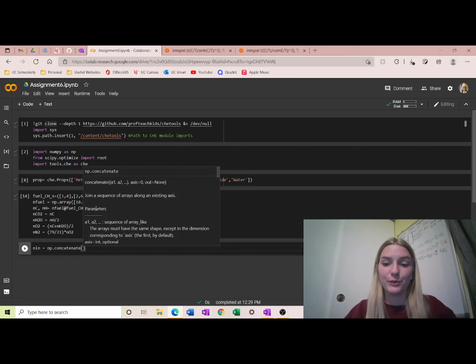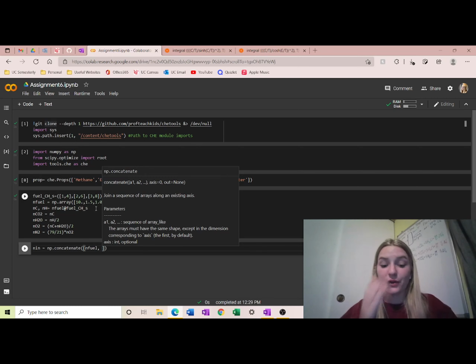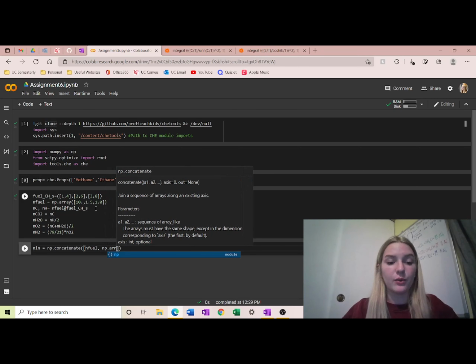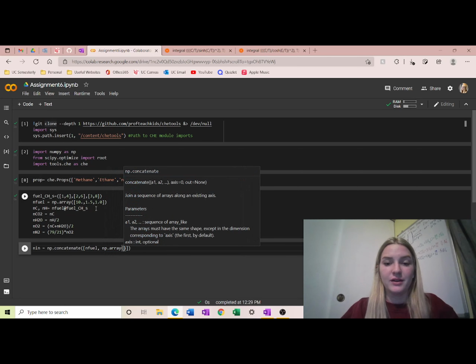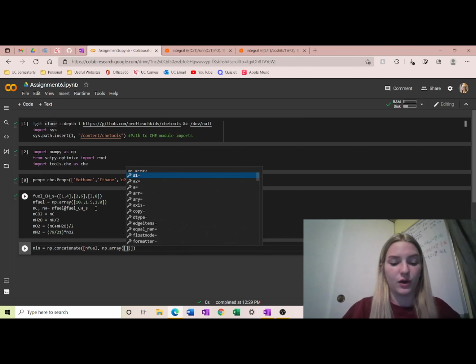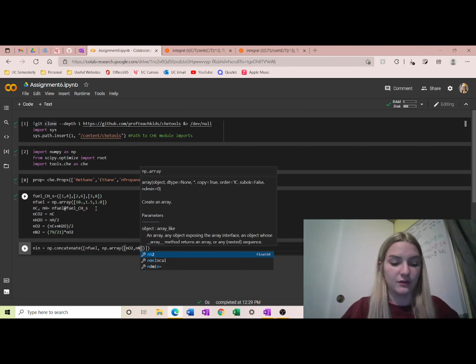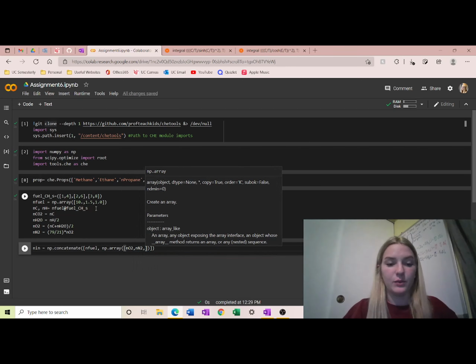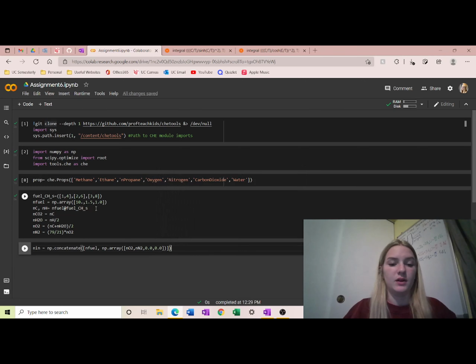So we're going to make one array out of our N fuel, and now we are going to create a new array with numpy.array of our values of our moles of oxygen, and then our moles of nitrogen, and then we are also going to do carbon dioxide and water, but starting out we have no carbon dioxide and no water in our system.